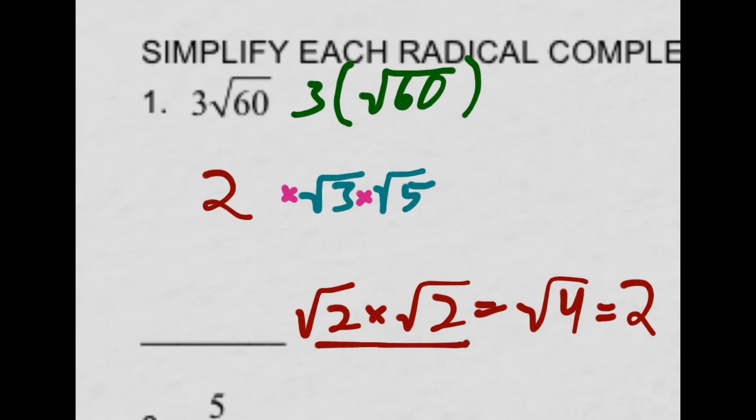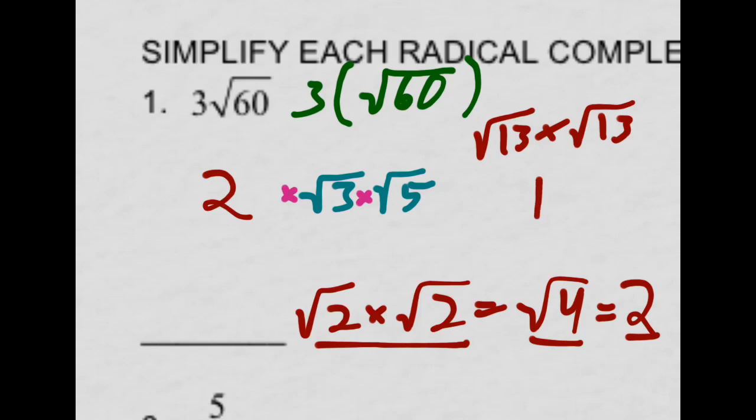Because the square root of 2 times the square root of 2 is the square root of 4, which is 2. And really, any number, if it's root, whatever that number is, times itself, is just going to give you that number. So if I had the square root of 13 times the square root of 13, guess what it would be? 13. Notice there's no square root over that 13. It's just 13.